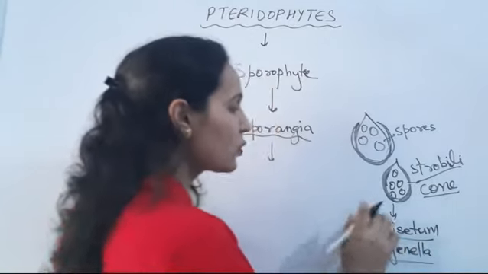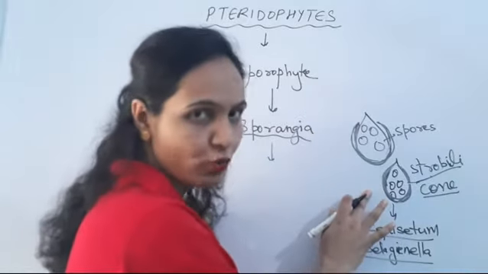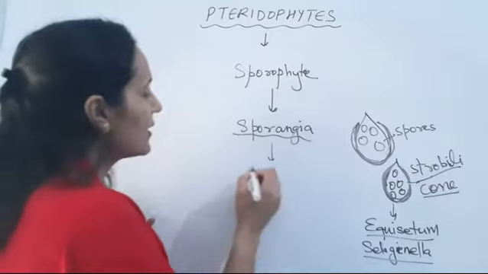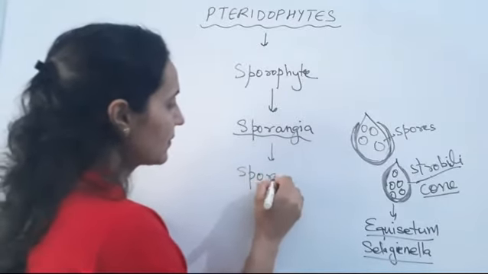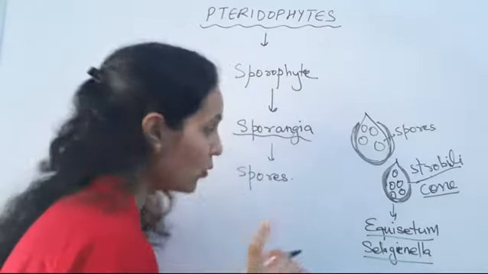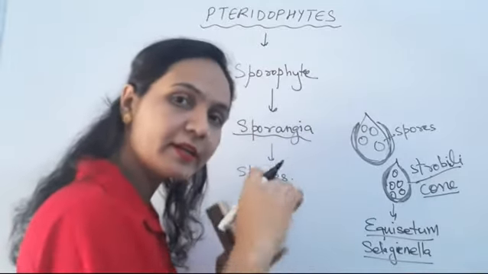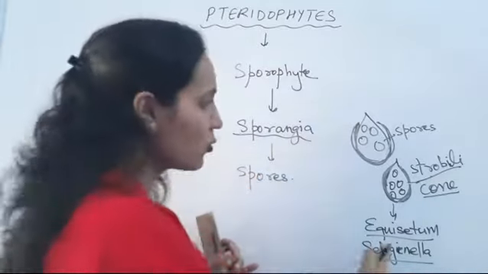Clear? So these two plants form strobili or cone-like structures. So basically the sporangia form spores inside the sporangia, which is subtended by sporophylls. I told you all those things.